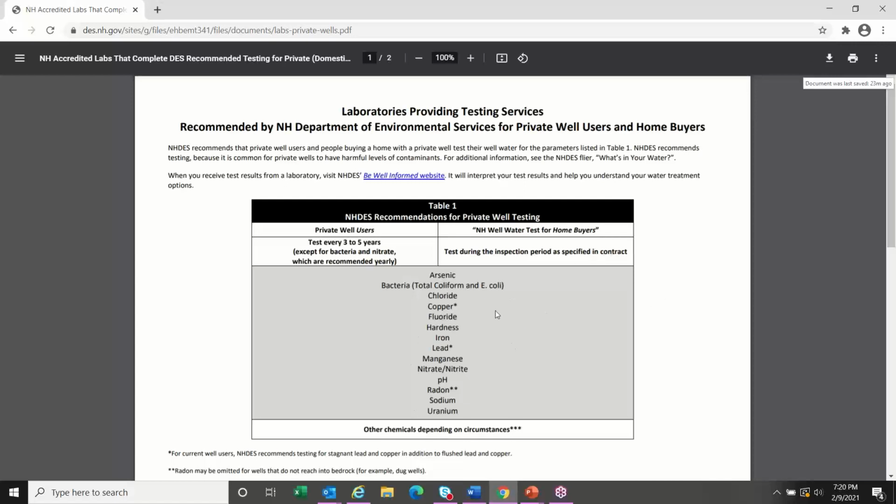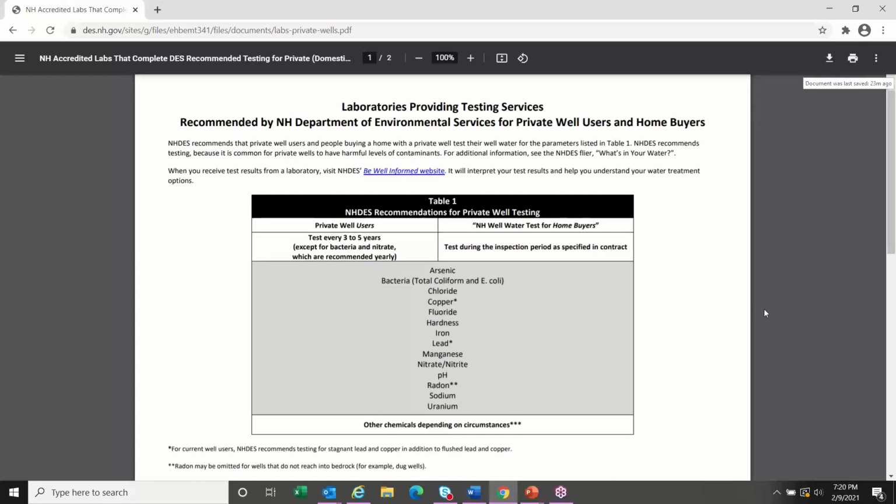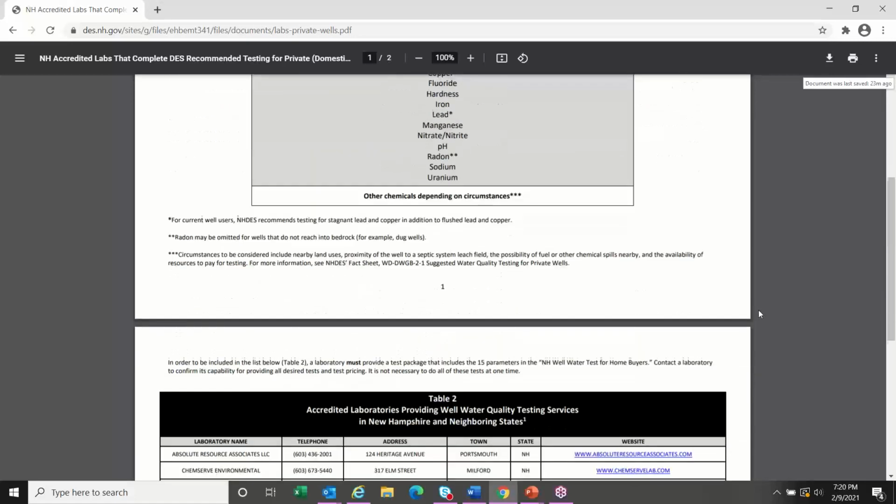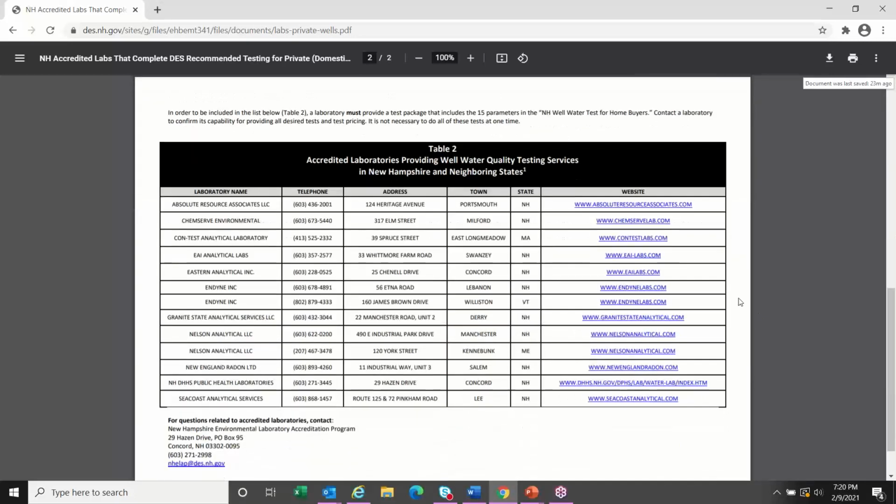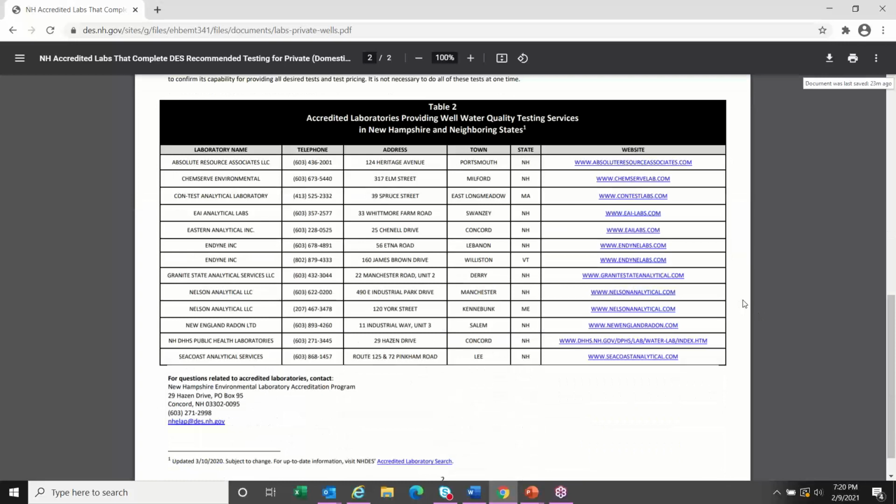This is collectively known as the standard analysis that Mandy was talking about. They recommend to do this every 3 to 5 years. For bacteria and nitrate, they recommend you do it annually. And the next page on this PDF gives you a list of accredited labs that can test your water, and gives you all the contact information there as well.